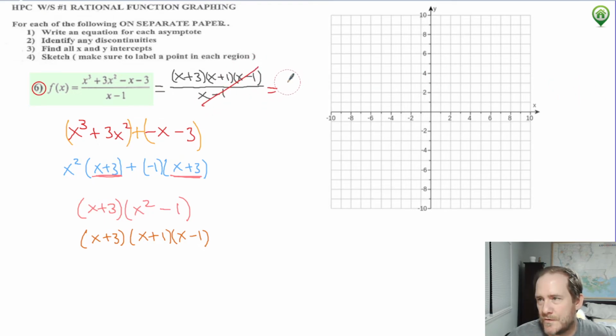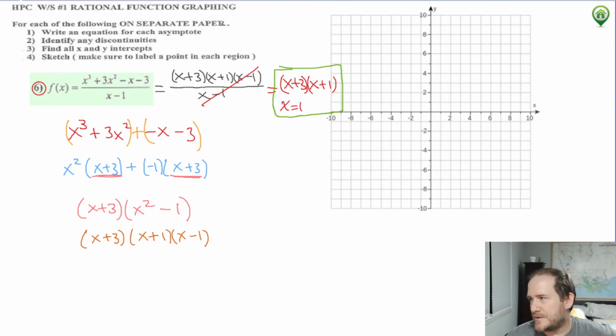So my final form is actually (x plus 3)(x plus 1), just with the domain restriction, x can't be 1. That means that my beautiful rational function has actually degraded down again to a function that's essentially not rational anymore. It's just quadratic. So you should be expecting to see the graph of a parabola that just has a hole in it.